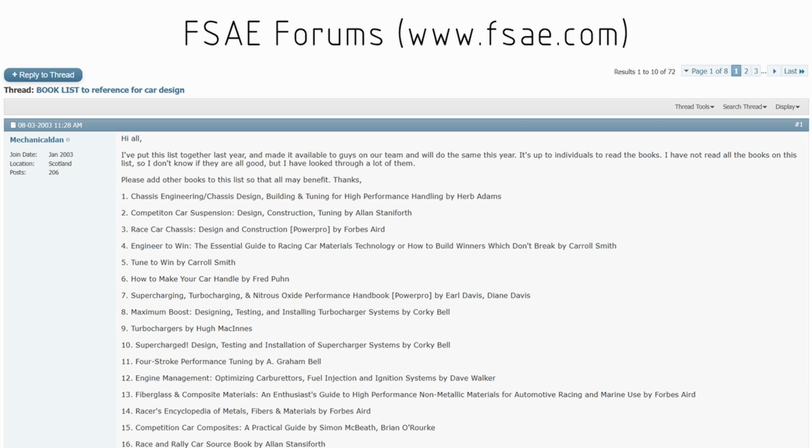There is a great reading list, and it's just pages and pages of books that deal with just about every subject on vehicle design. You could go a lot worse than going through that list and just starting to work your way through them. Now, I would note, when you're starting to look at suspension design in particular, some of the books have varying levels of accuracy and relevance.